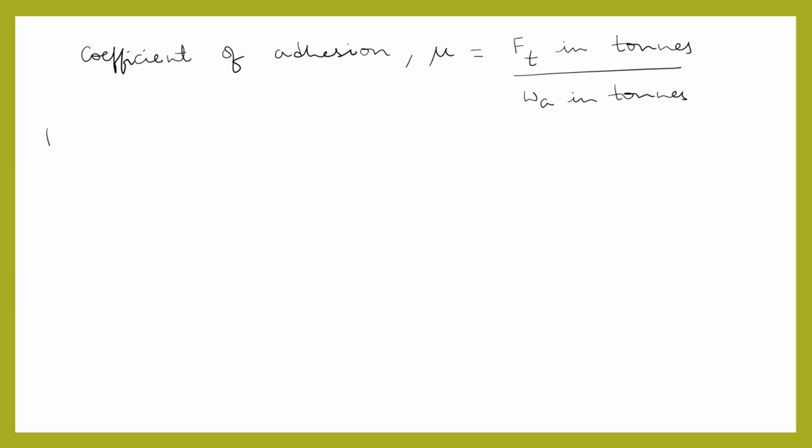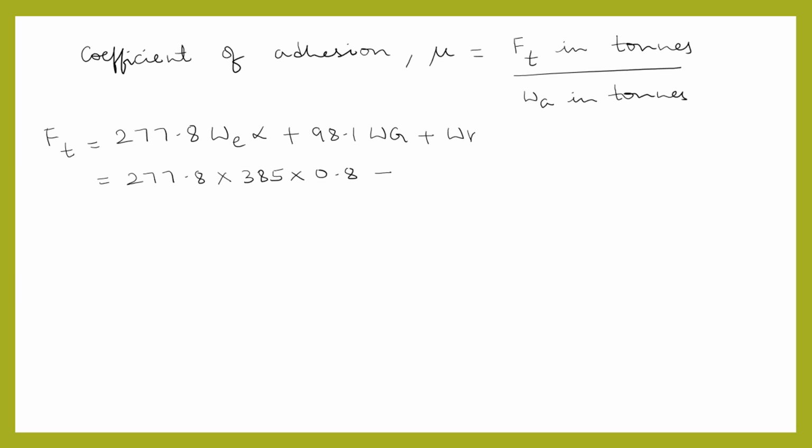We have the equation for Ft equal to 277.8 We alpha plus 98.1 Wg plus Wr, that is equal to 277.8 into 385 into 0.8 plus 98.1 into 350 into 1 plus 350 into 44.5.